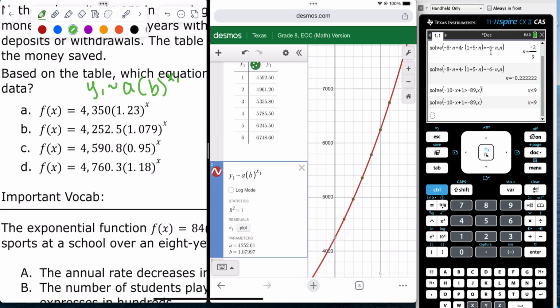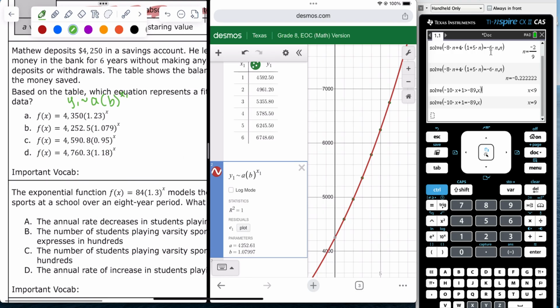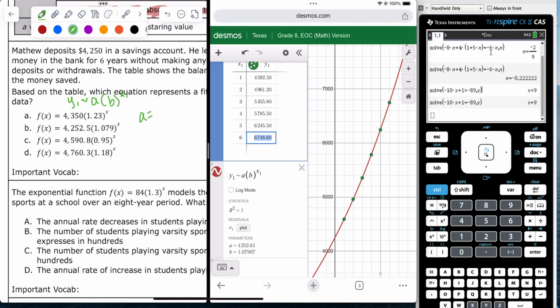This is what I need right here. So I know my A value, A equals 4,252.61. So I need to match that. I have 4,252, that goes on the outside.